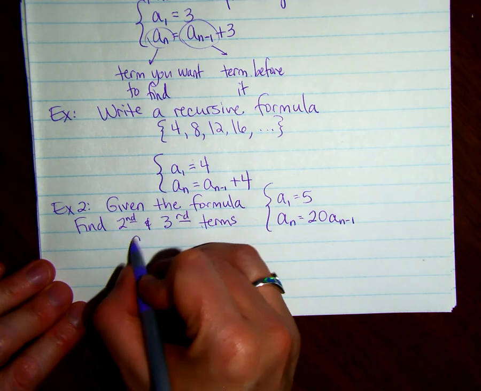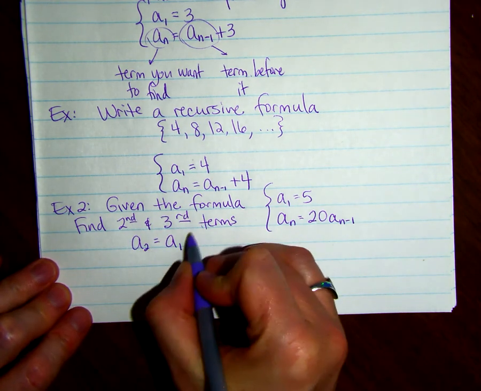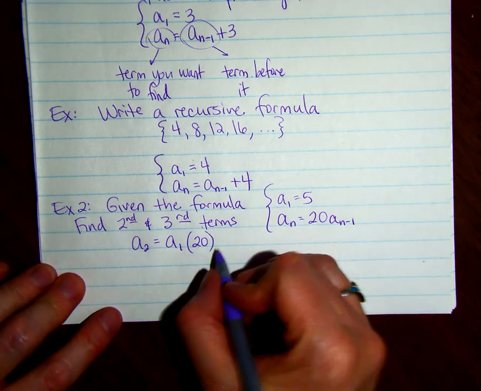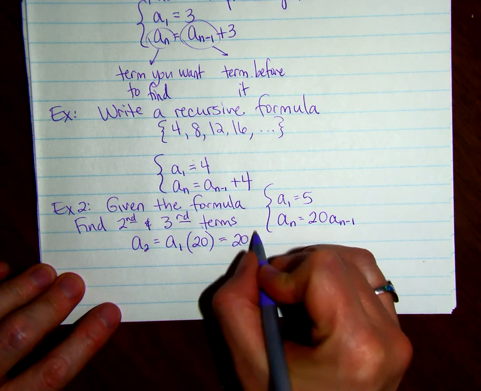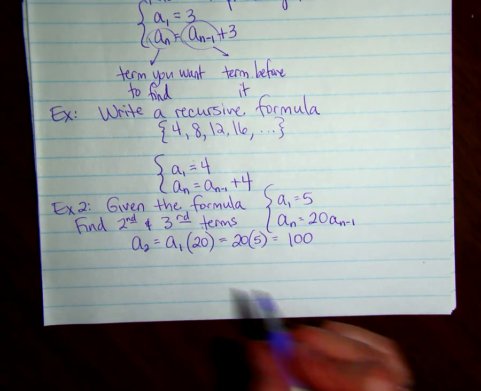Well, a sub 2 is going to be equal to a sub 1 times 20. So it's the term before times 20. Now, a sub 1 was 5, so we'll do 20 times 5, or 100. So the second term will be 100.